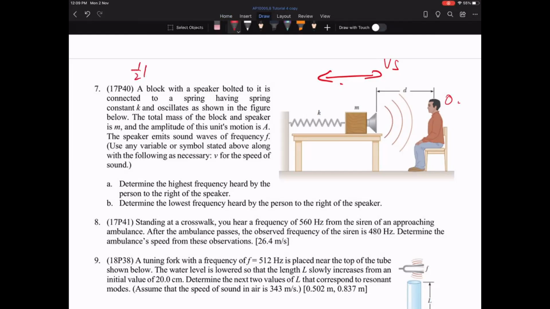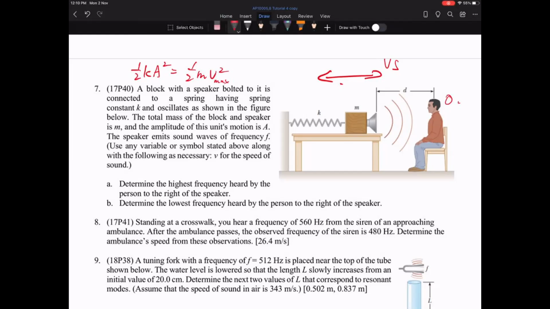So the maximum potential energy, 1/2 kA squared, will be equal to 1/2 m v squared, or if you like, 1/2 m Vs squared. Or actually, maybe better if I put it as a maximum, because Vs is actually a function of time. It changes from time to time, but the maximum speed is a constant value.